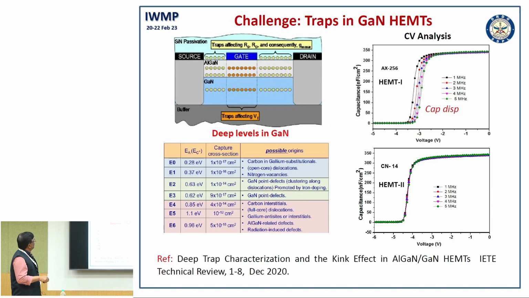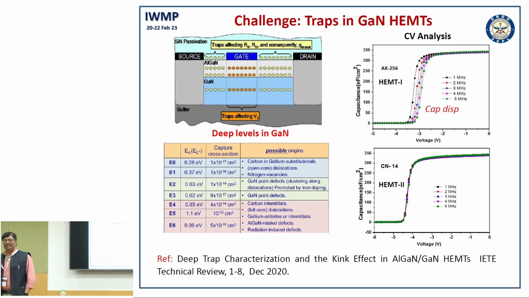And these are the study of traps. So, one simple technique to study traps is CV analysis with different frequencies. So, you can vary the frequency and map the capacitance voltage characteristics of the device. So, the first top graph is showing there are traps near your interface of 2DEG, because your CV curve is changing with frequency, whereas in the lower one it is almost the same.